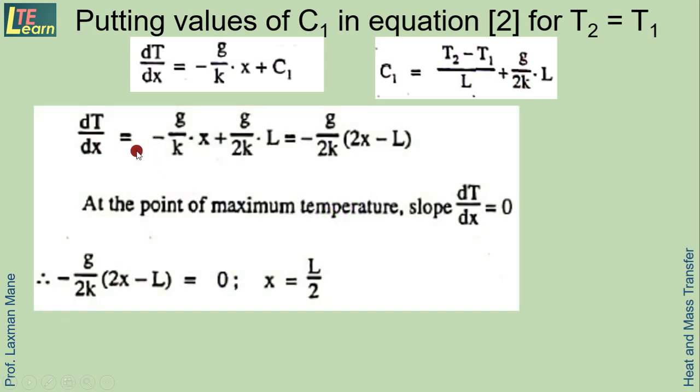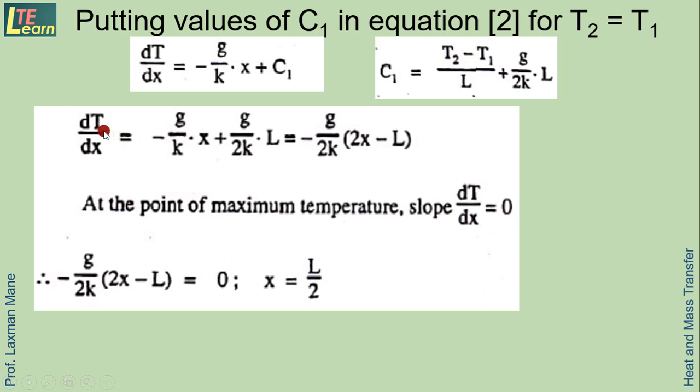So here dt by dx is equal to minus G upon K into X plus the value of this C1 that we already discussed. Now simplifying this mathematically, we find this equation. Now at the point of maximum temperature, the slope dt by dx is 0.